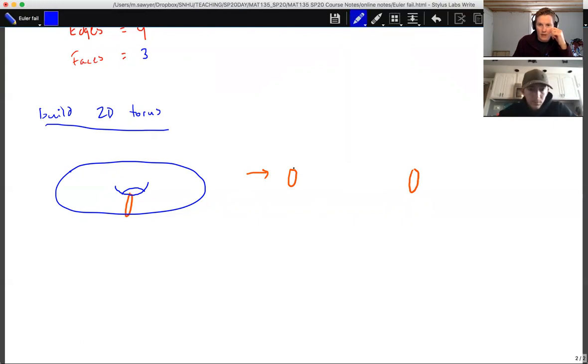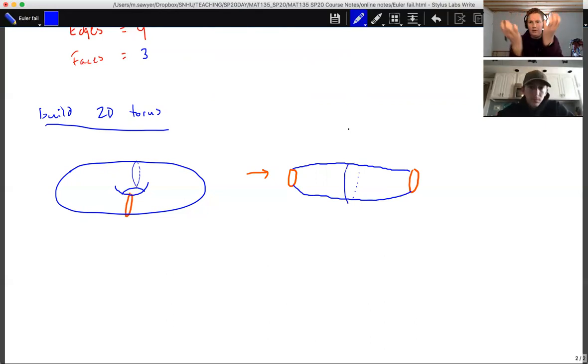I've unwrapped my torus. So think about it as taking a donut and snipping it, and then you have your torus kind of like that, right? So here's your torus. If I have my donut and I wrap it around and I snip it and then I unwrap it.